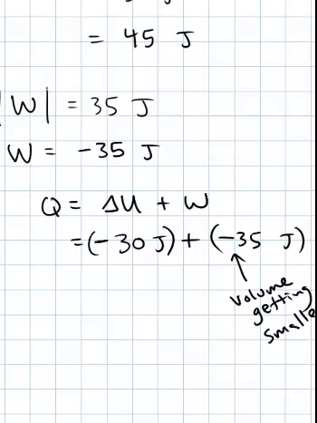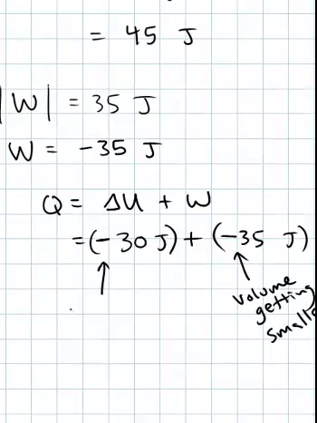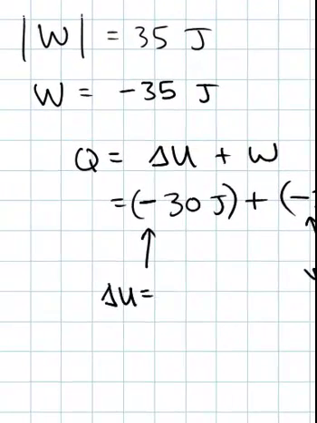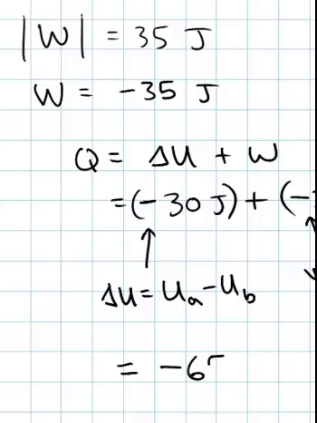So the work is negative. And this one, why is it negative? Because we are going from B to A. So delta U, in this case, is going to be UA minus UB, which is the opposite of what we found earlier. So it's negative 30 joules. So what's our answer? Q, negative 65 joules.